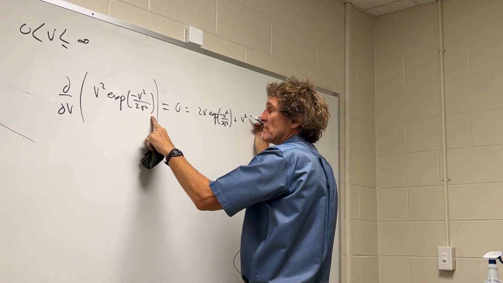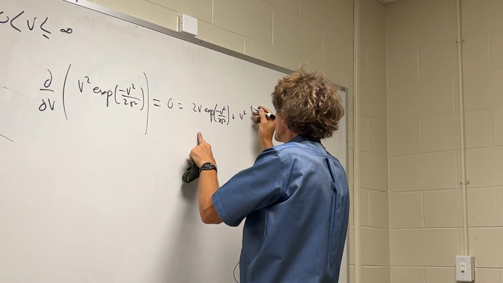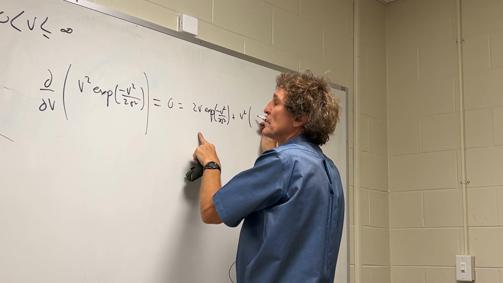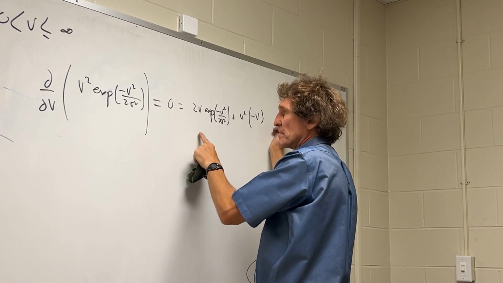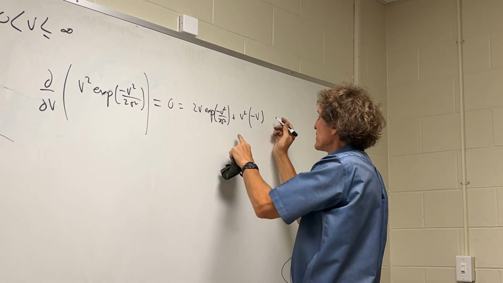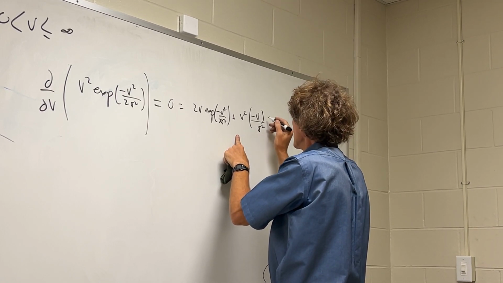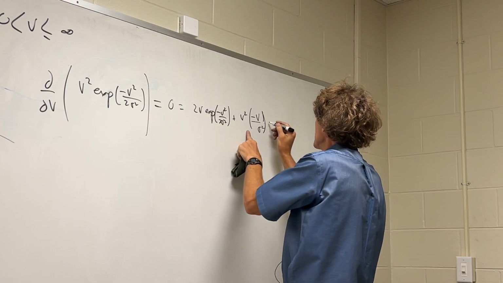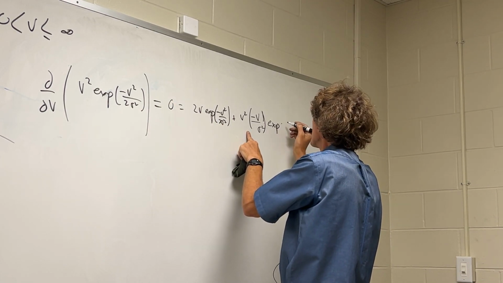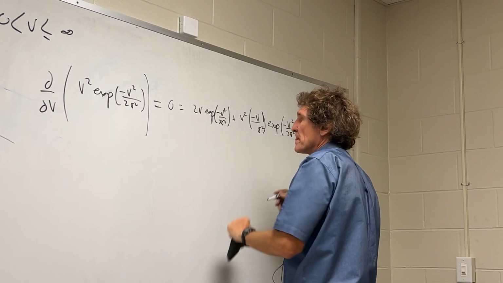The derivative of that exponential is the derivative of the inside part, which is minus 2v over 2 sigma squared, or just minus v over sigma squared, because the 2 will cancel, times the exponential of minus v squared over 2 sigma squared.